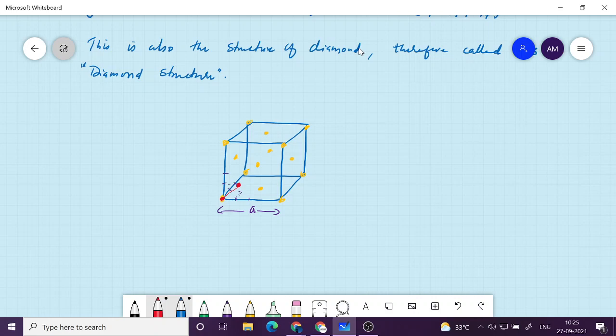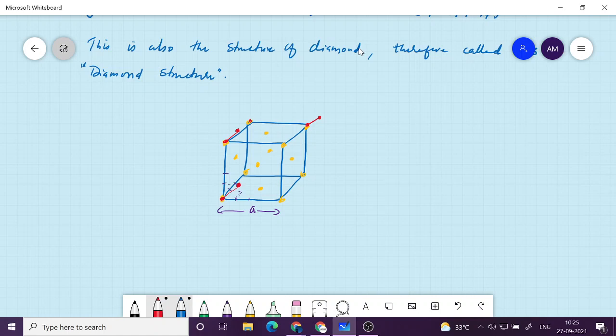Similarly, 8 plus 6 is 14, so there are 14 lattice points in this cube, and for each lattice point you have to put 2 atoms.